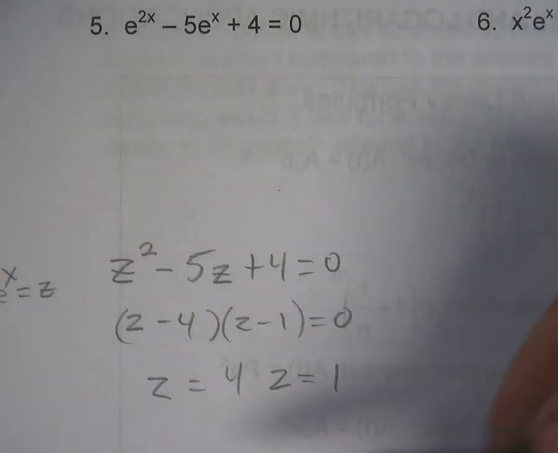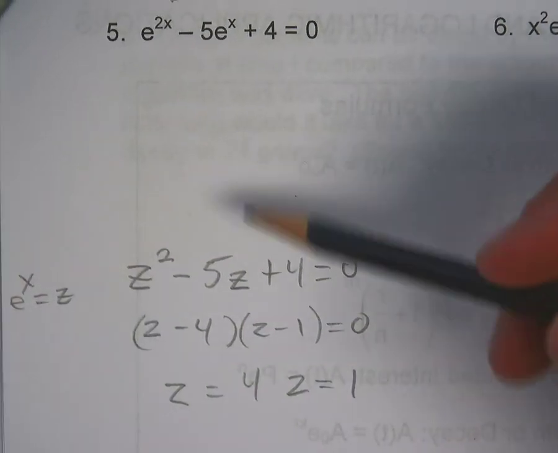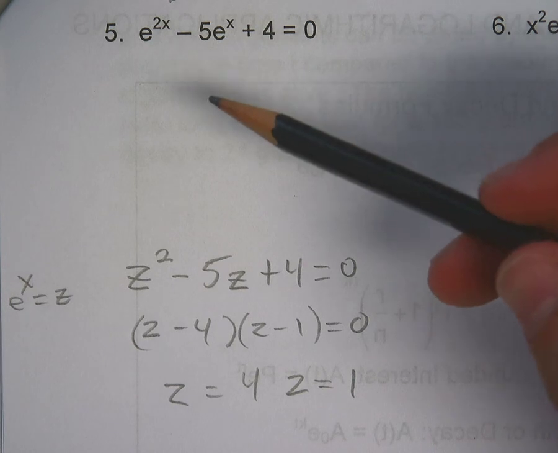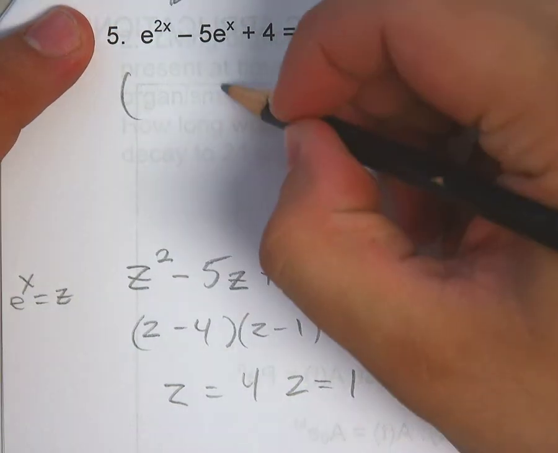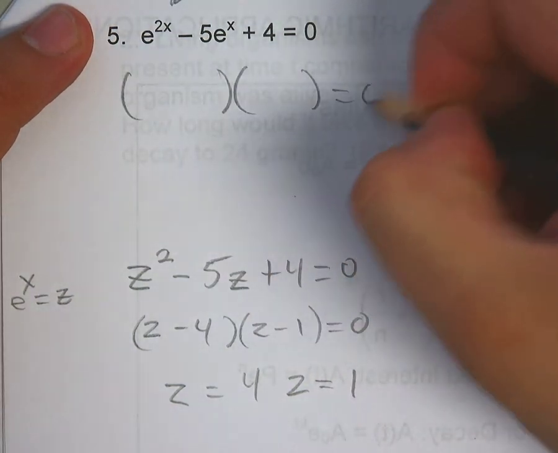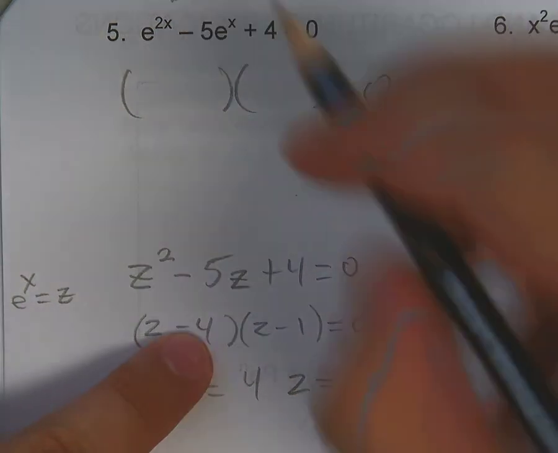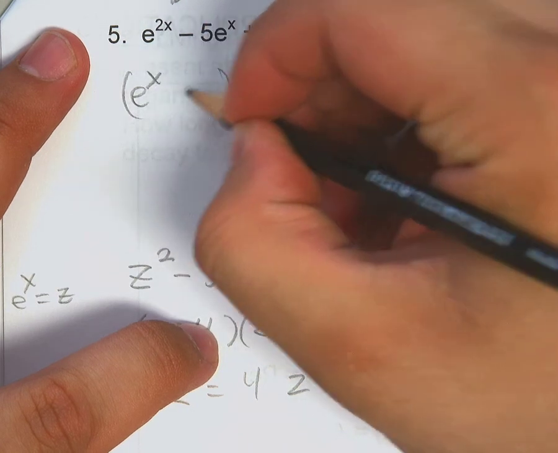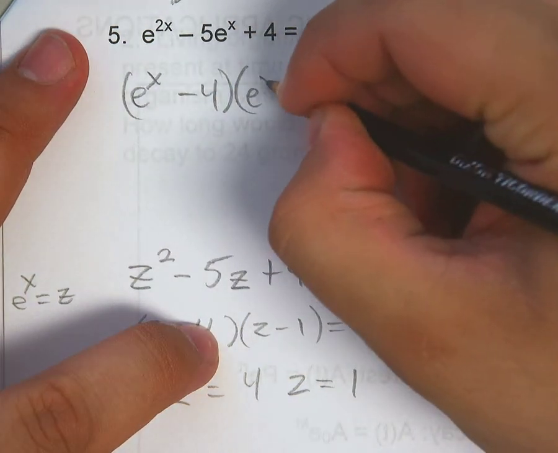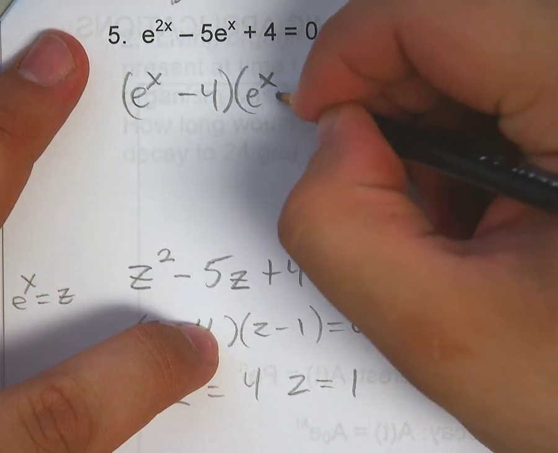Well, we're going to do the same thing up here. Just instead of z, I have e to the x. So I can factor this, and it actually comes out to the same thing. Z being e to the x, you get e to the x minus 4, and e to the x minus 1.